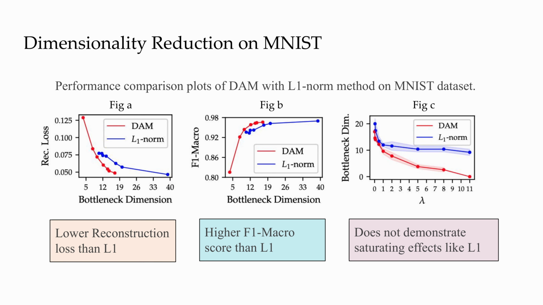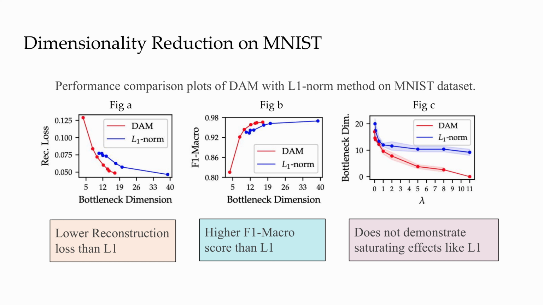Finally, we evaluated DAM using simple autoencoders on the problem of dimensionality reduction for the MNIST dataset. We compared the effectiveness of DAM with an ablation of our approach that minimizes the L1 norm. We also varied the trade-off parameter lambda to compare the sparsity of the learned representations.